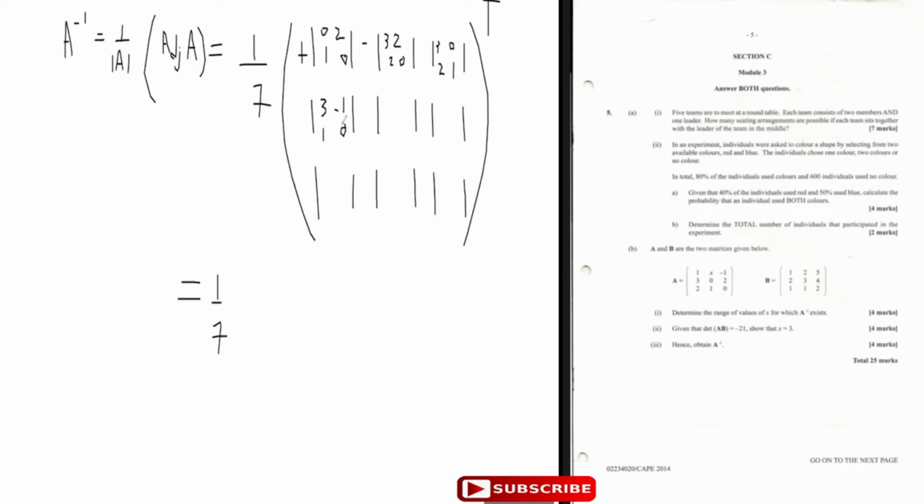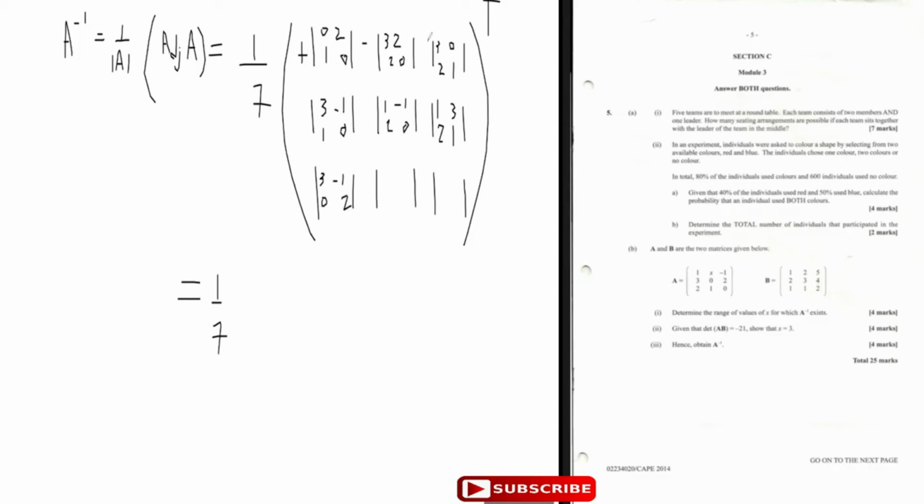Then in the middle, it's going to be 1 minus 1, 1 minus 1, 2, 0. Then over here, it's going to be 1, x. So x is 3, 1, 3, 2, 1. Finally, down here now, crossing out the 2, it's going to be x minus 1, which is 3 minus 1, 0, 2.